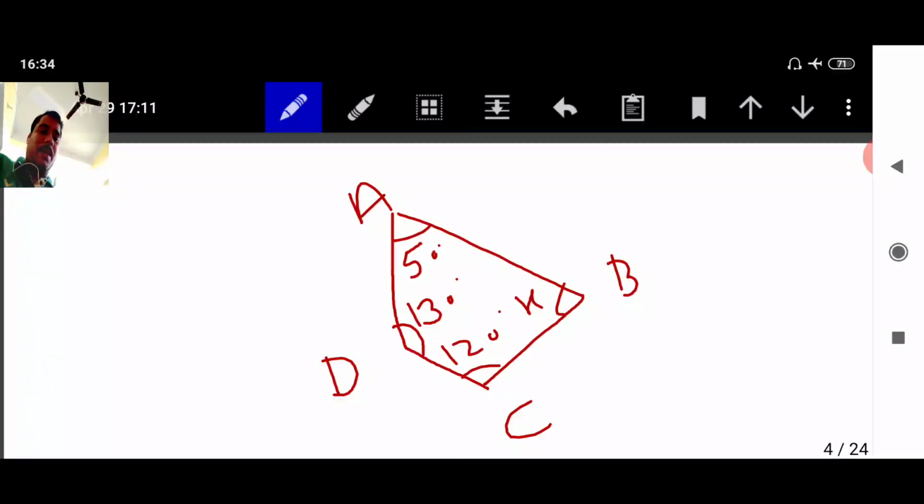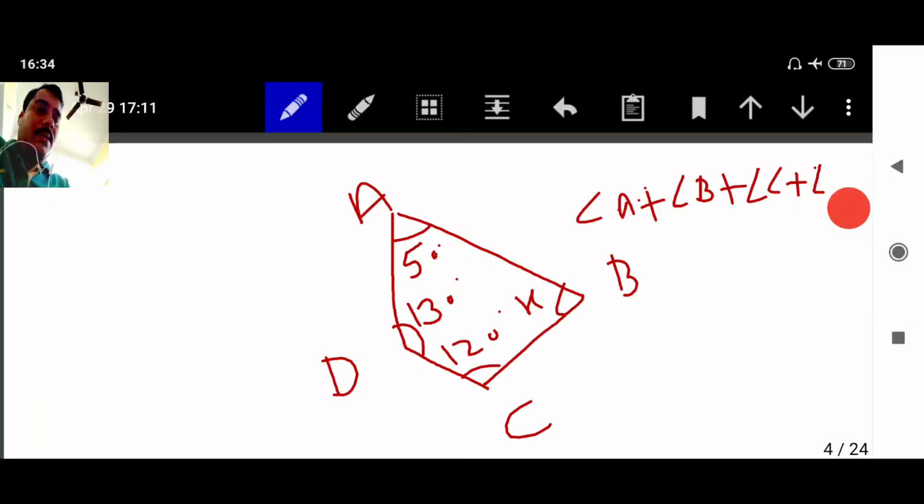Students, you observe that ABCD is a quadrilateral, and the angle sum property of a quadrilateral means the sum of the interior angles of a quadrilateral is 360. So you can apply angle A plus angle B plus angle C plus angle D equal to 360. What is the measurement of angle A? 50.